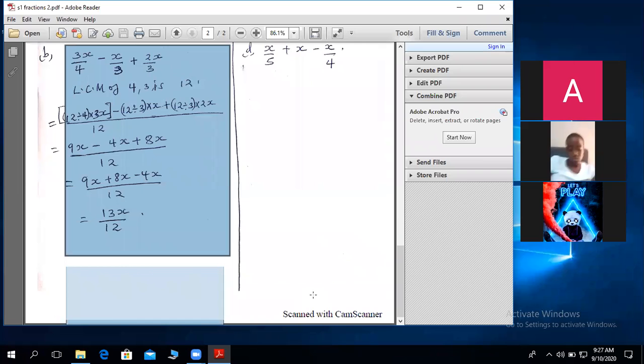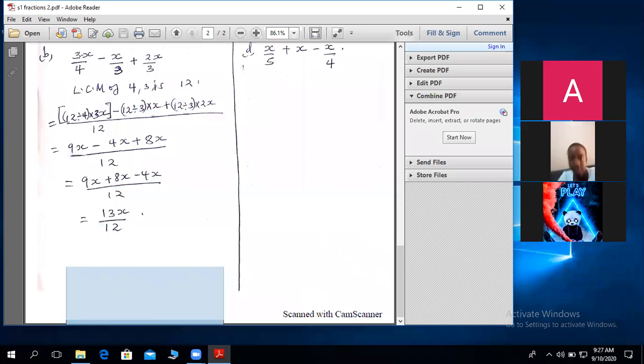And in part B, this time I have some algebra in the fractions, whereby I have 3x out of 4, x minus x out of 3 plus 2x out of 3.